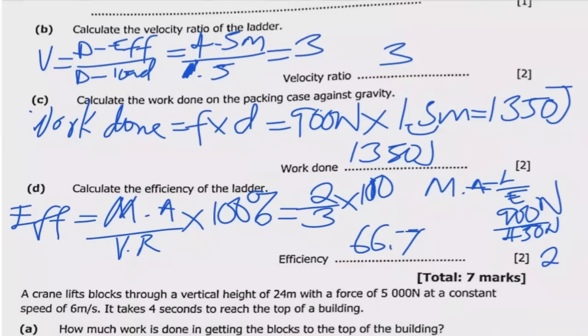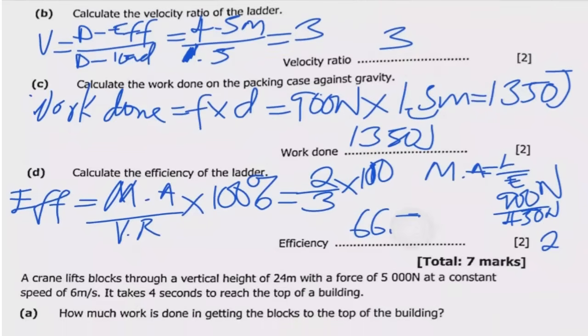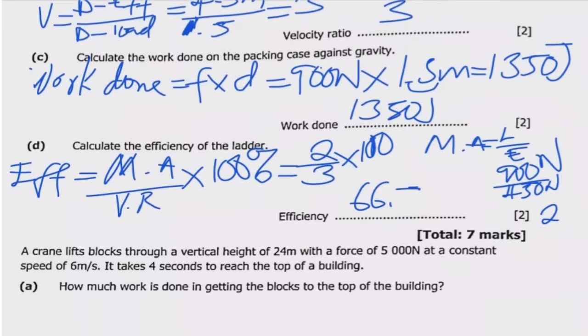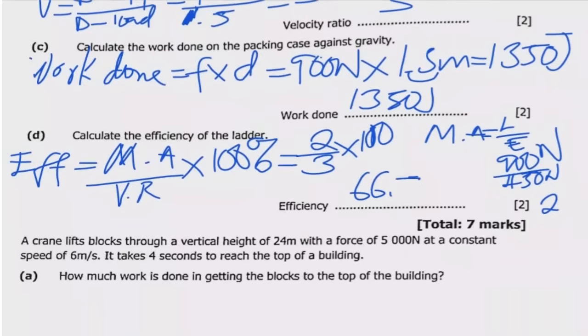But if I want to write it to 2 decimal places, my answer will be 66.67%, like that. Okay, so that is the answer. If you have questions, you can ask in the comment section. If there are no questions, basically this is how I'll go about this question.